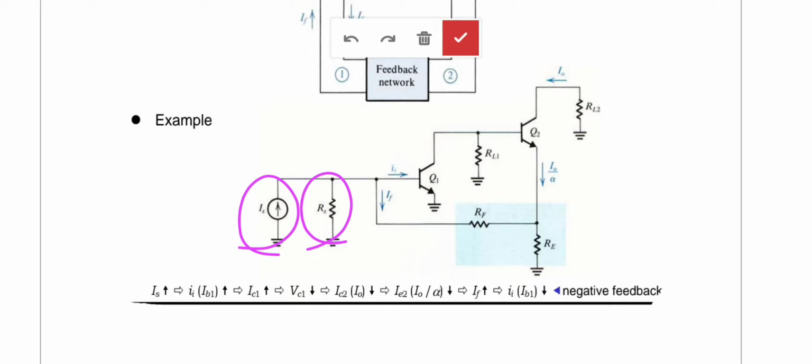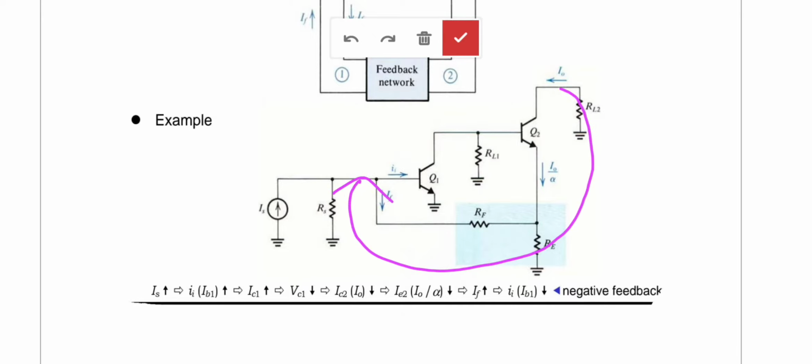This input is given to the base of the first transistor. The collector output is connected to the base of the second one. Here we are taking the second load resistor. Here the feedback is taken from the emitter. Actually the feedback should be taken from the collector, but for convenience of explanation we are taking it from the emitter, since emitter current is almost the same as collector current.